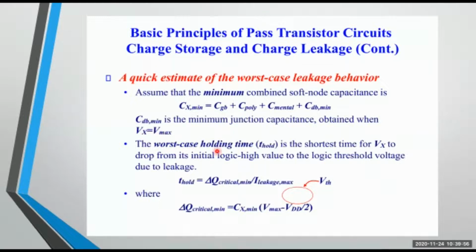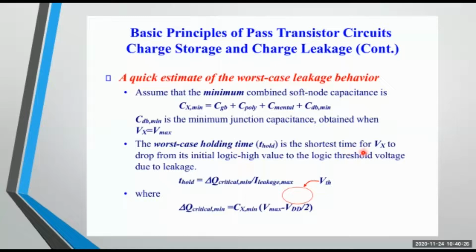Now let us see the worst case holding time, that is, the time for which a particular capacitor can hold its value. It is the shortest time for Vx to drop from its initial logic high value to the logic threshold voltage due to leakage. So the minimum time a particular capacitor can hold the logic high state is the minimum worst case holding time.